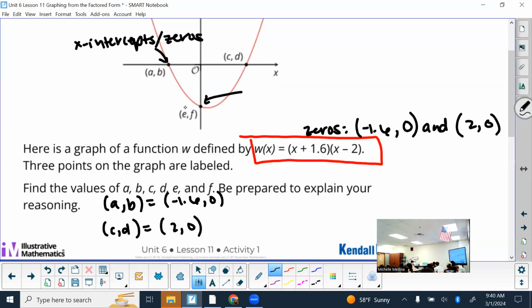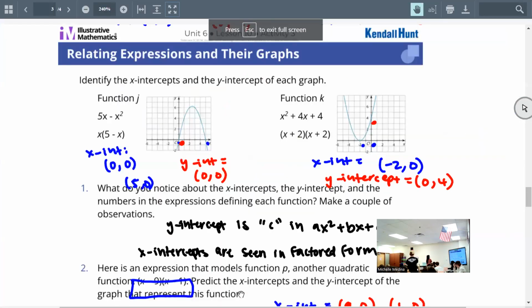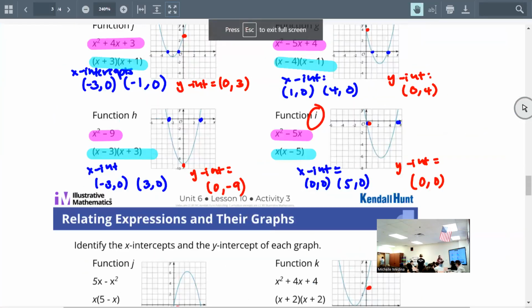It's touching the y-axis, so this is my y-intercept. In lesson 10, what form is it better to see the y-intercept from? There's lesson 10 again, in case you guys forgot, I'm asking all of you.